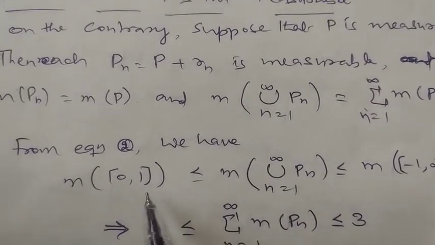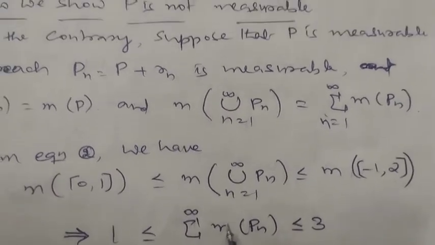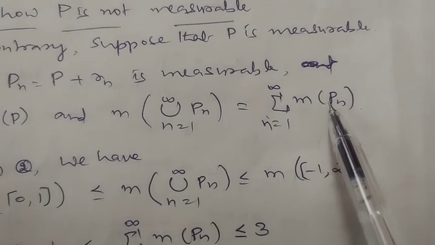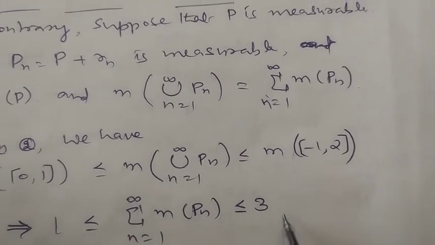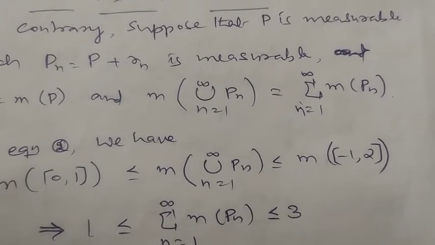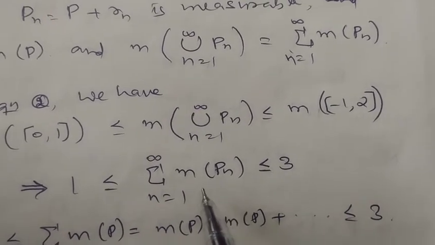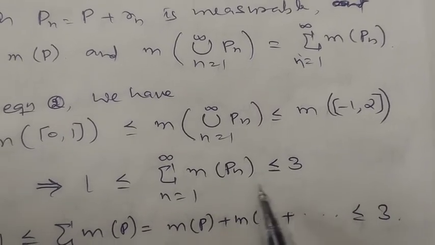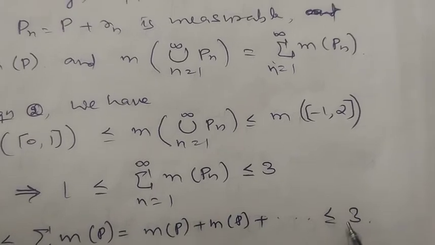This implies 1, the length of the interval, is less than or equal to the summation n equal to 1 to infinity of the measure of Pn, which is less than or equal to 3. So 1 is less than or equal to the summation of the measure of Pn, which is the same as the measure of P added infinitely many times, which is less than or equal to 3.